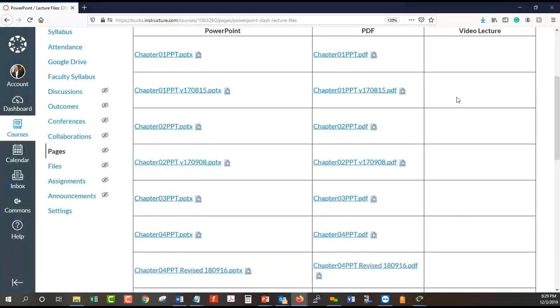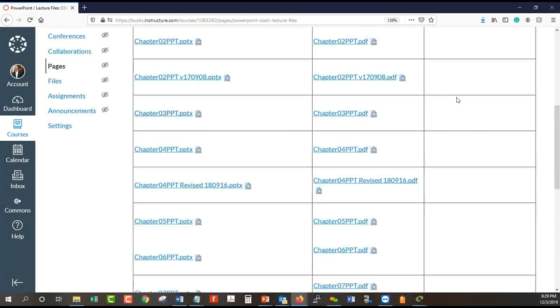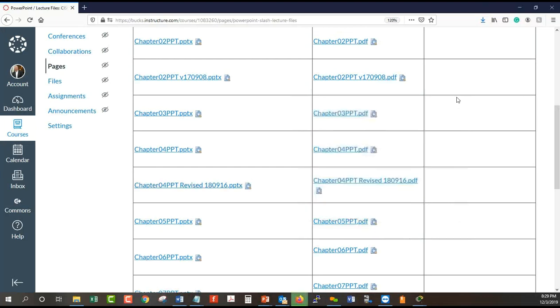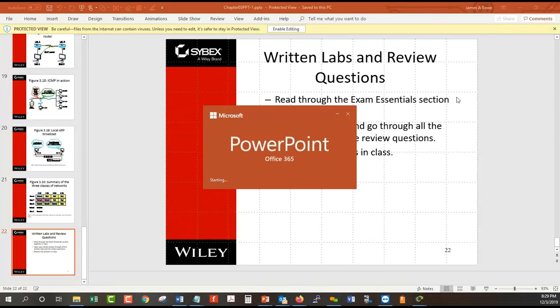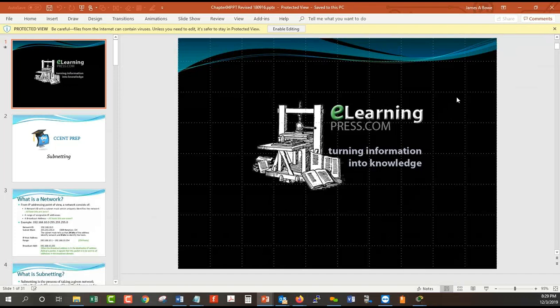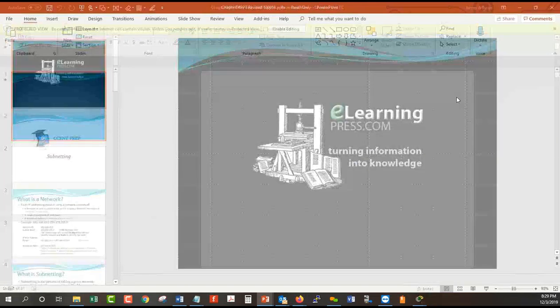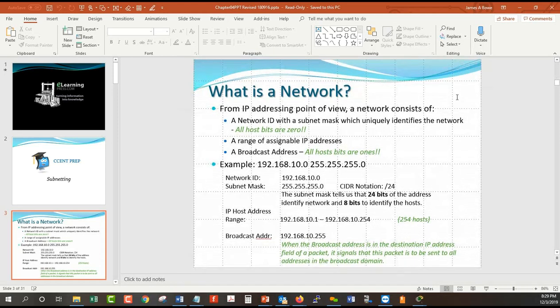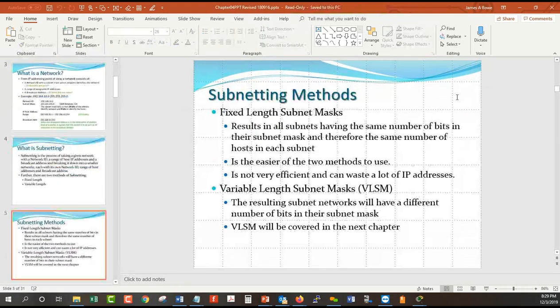Where am I? Here. Chapter 4, I'm pretty sure chapter 4 gets into static IP addressing. Let's just take a look at this real quick. So we get in, yeah, and we're talking about IP addresses and so on. We talk about subnetting methods, okay?